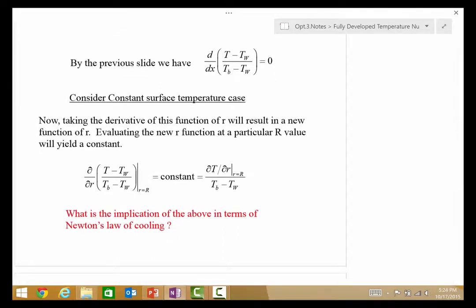So the definition of thermally fully developed is really embodied by this mathematical statement.